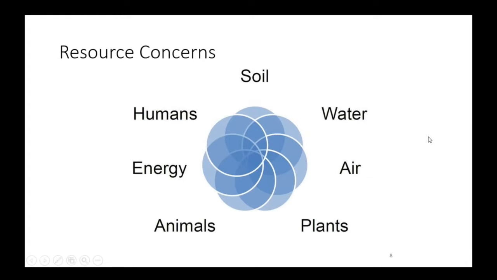So that's that. And then we talk a lot about resource concerns. And all of us know what resource concerns are, but we're starting to define them so that we're thinking about all the resource concerns as we go down through. What impact am I having on soil? Water, we think about a lot because water quality is so important to Wisconsin, surface and groundwater. We talk about air, especially when we've got wind erosion or we have odor issues.